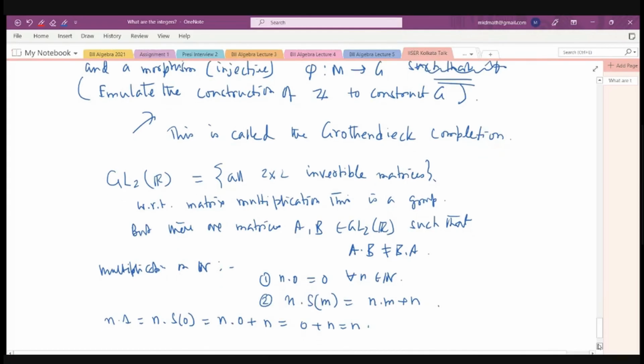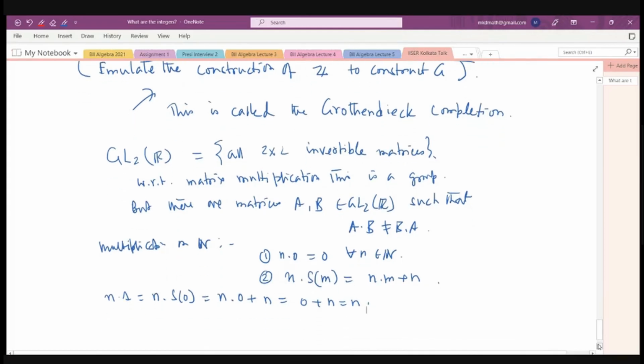Now you can extend this multiplication to Z. In Z, you try to solve the equation 2x equal to 3. It has no solution. Then you construct rational numbers because you would like to get the reciprocals accommodated. That is an algebraic construction, which requires some time.